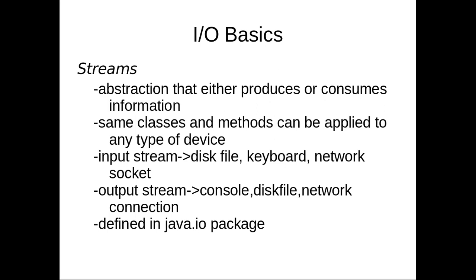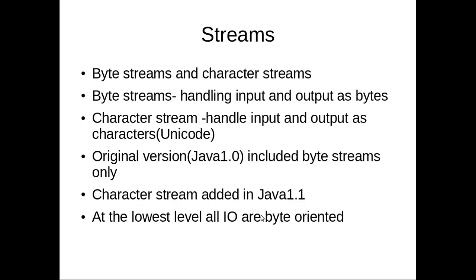Okay, so these streams are defined in the java.io package. There are two types of streams, which are byte streams and character streams. I already explained it. Byte streams handle input and output as bytes, and character streams handle input and output as characters or Unicode. The original version included only byte streams.